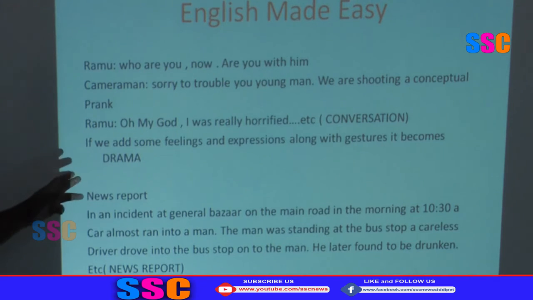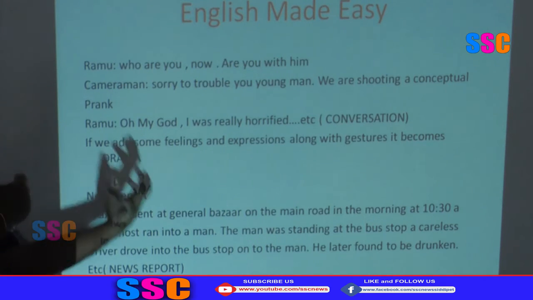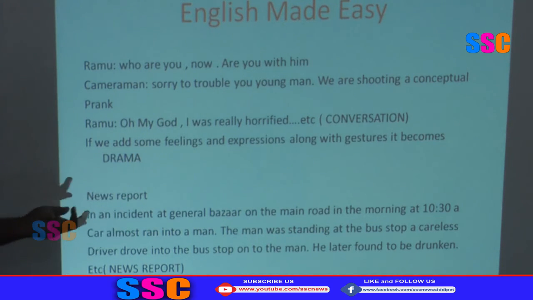Okay. Now, on the same occasion, to this description, suppose I am writing like this. In an incident at General Bazaar on the main road in the morning at 10:30 a.m., a car almost ran into a man. Here, in this particular thing, I am trying to give the answer to the questions like when, where, what and how.